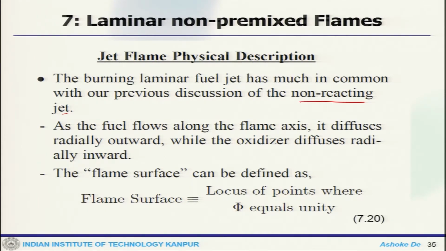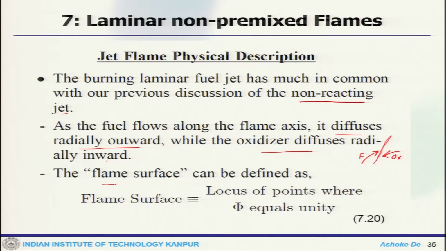Now, since the fuel is flowing along the axis, it will obviously diffuse radially outward, and on the other hand the oxidizer diffuses inward. So, if fuel goes like this, oxidizer comes like this. At the contact point you get the flame.